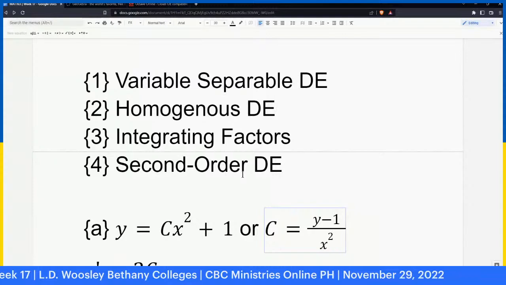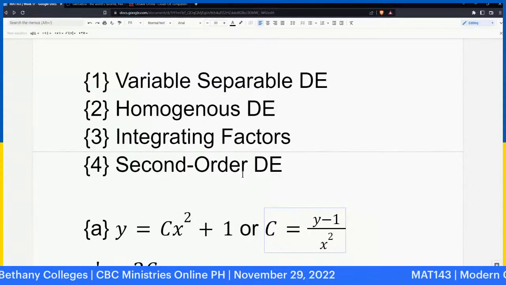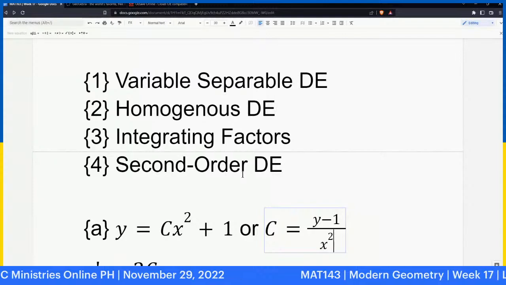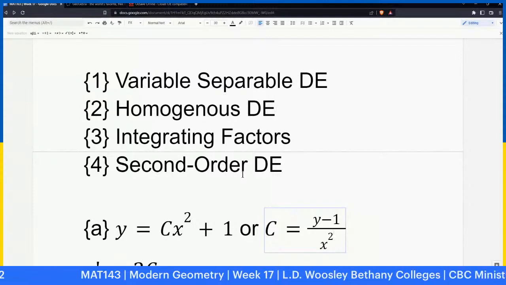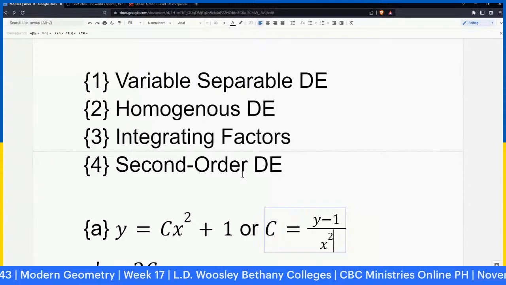Verify. Tama ba? y minus 1 all over x squared.